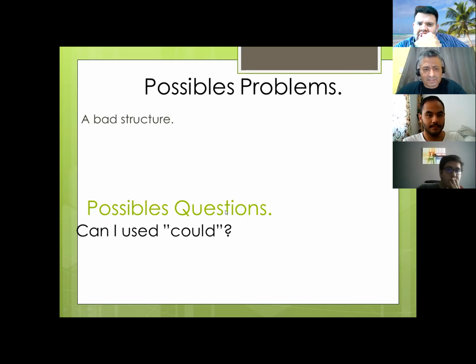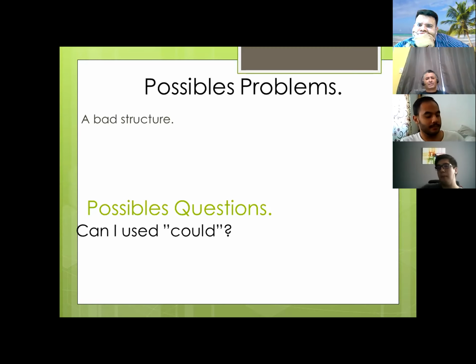And then we have possible questions like the exceptions. Can I use could when we are going to talk about the future? We use could, should, or will. But in this case, we talk about the first conditional, so we use only will.